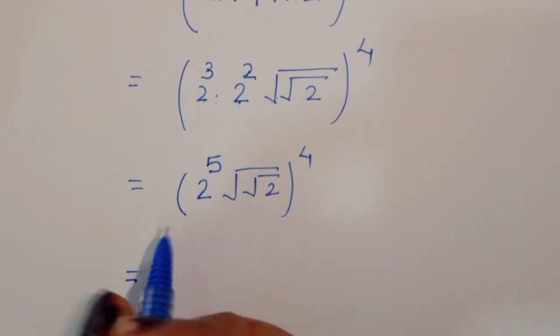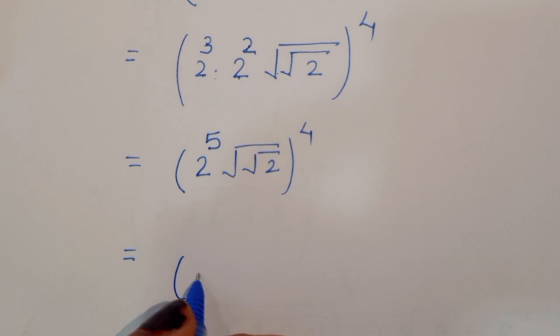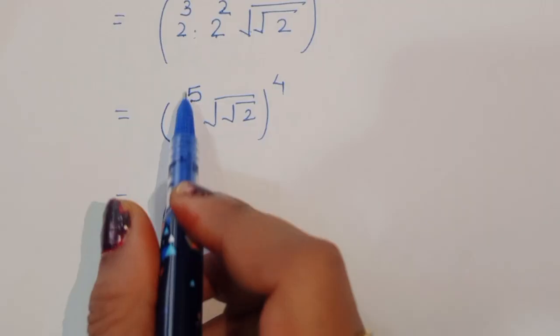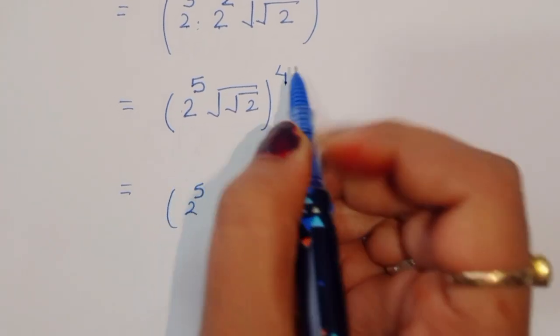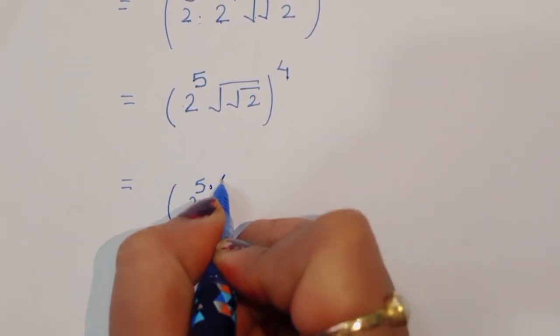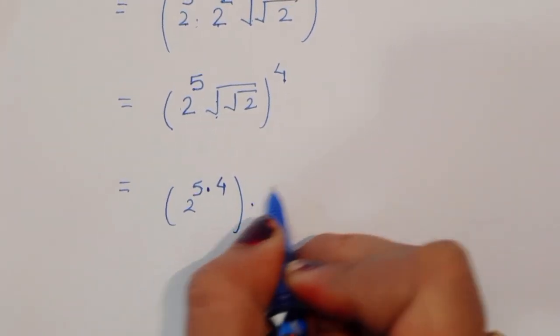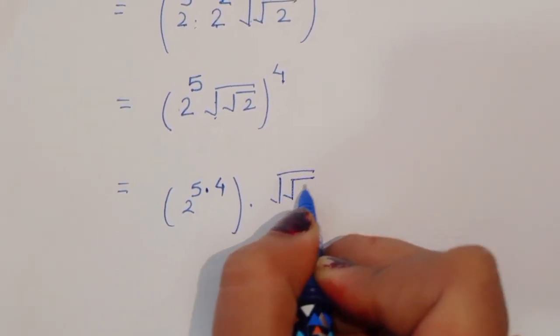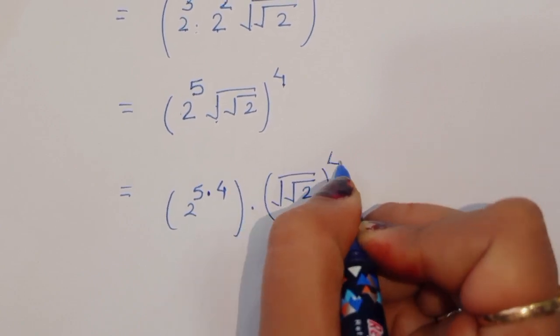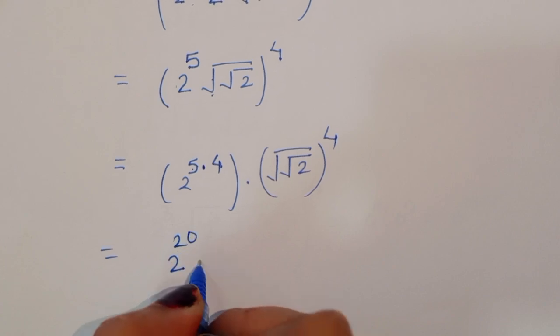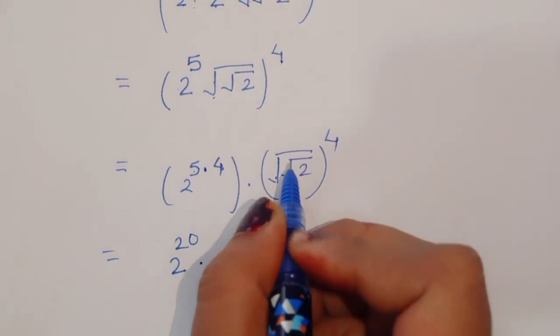Now this is equal to 2 power 5, right? 2 power 5. So this is power, so we can write this 2 power 5 into 4 into square root of 2. We can write square root of 2 square root of 2, and here power 4 is equal to 2 power 5 fours are 20 into square root of 2 square root of 2, which means 1 by 4.